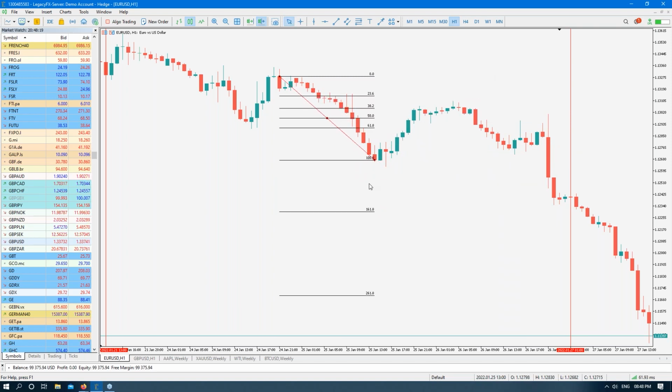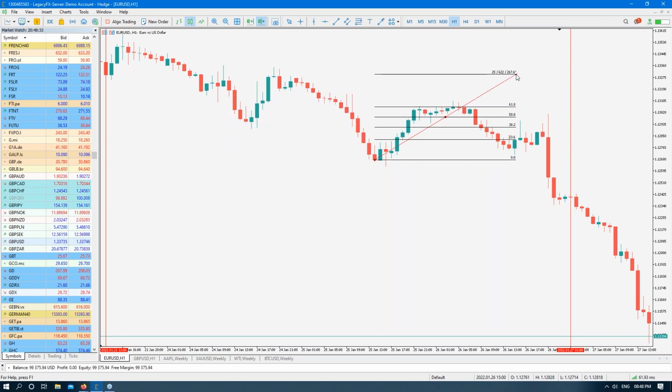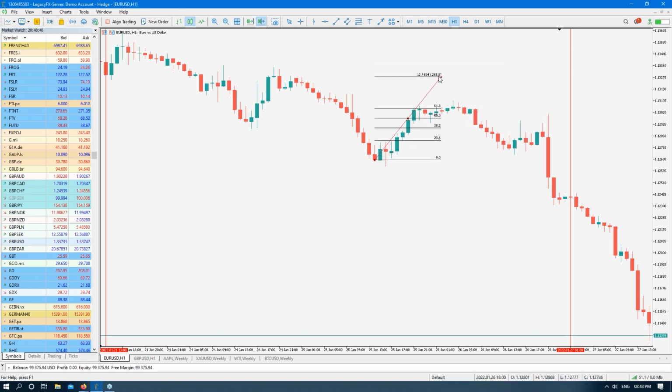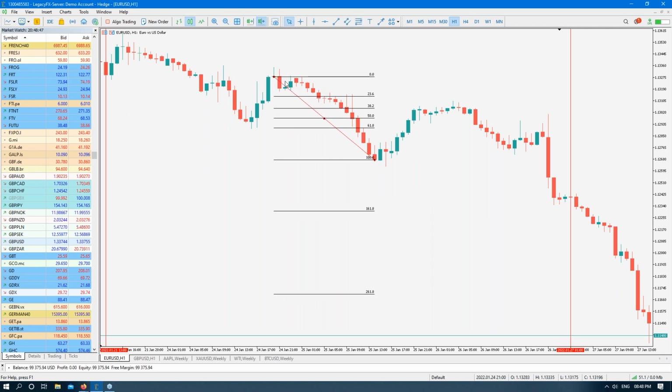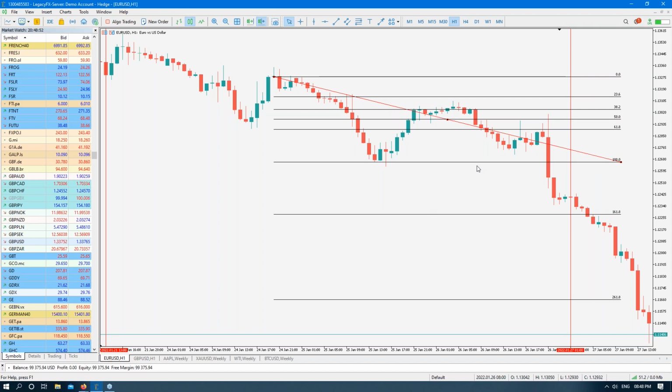Generally speaking, when you draw Fibonacci like this, it will extrapolate these lines across the screen. But you will see, even if I do it the other way around, it doesn't do that. Which is weird. It shouldn't do that. Here it says the percentage, but anyway, let's do that again. So I have to do this first. It's not the end of the world, but it's just something of use.